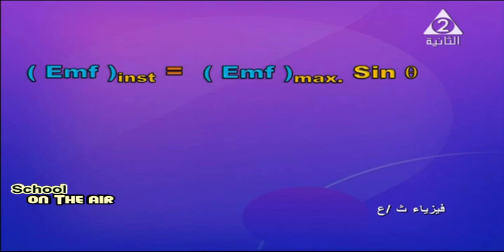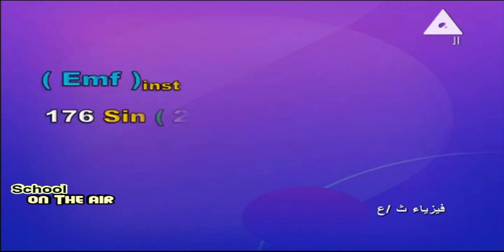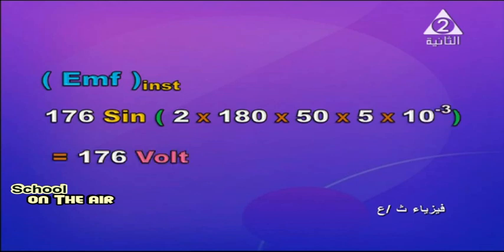And what about theta? It is equal to 2πft, where π here is equal to 180, as it is an angle. And the time is given as 5 milliseconds. When we calculate this using your calculator, we'll find the final result 176.